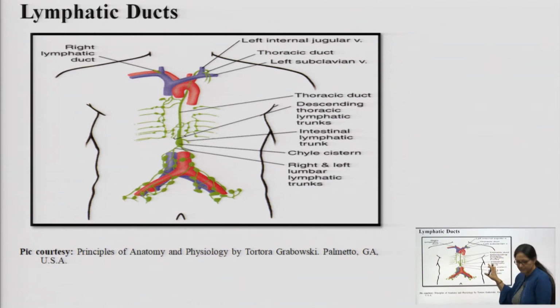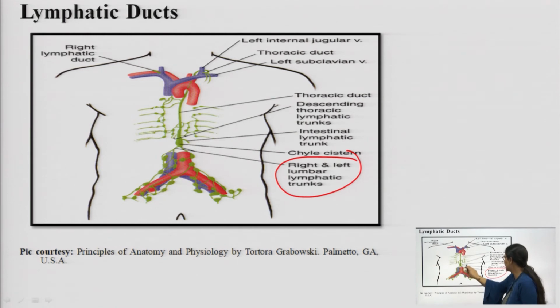As we can see in this diagram, here are the right and left lumbar trunks. They unite to the cisterna chyli, and the cisterna chyli connects with the intestinal lymphatic trunk.